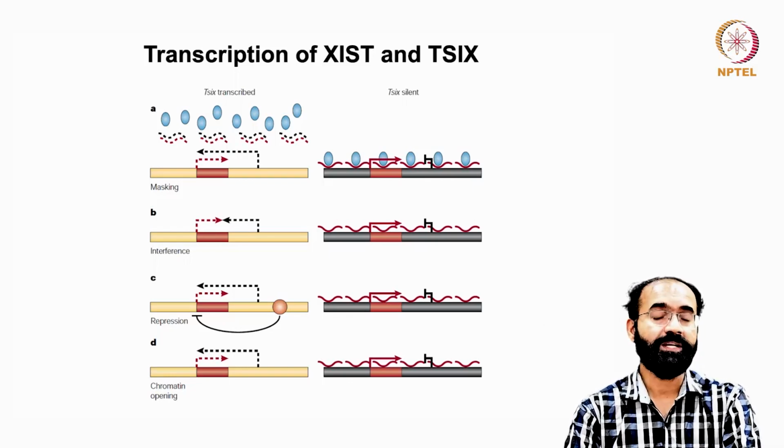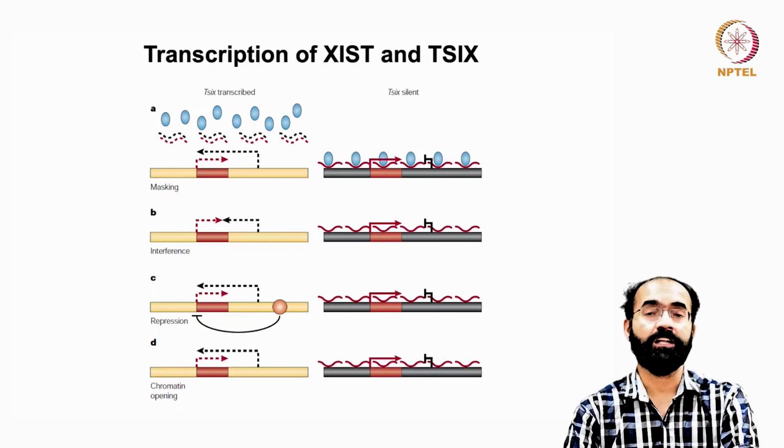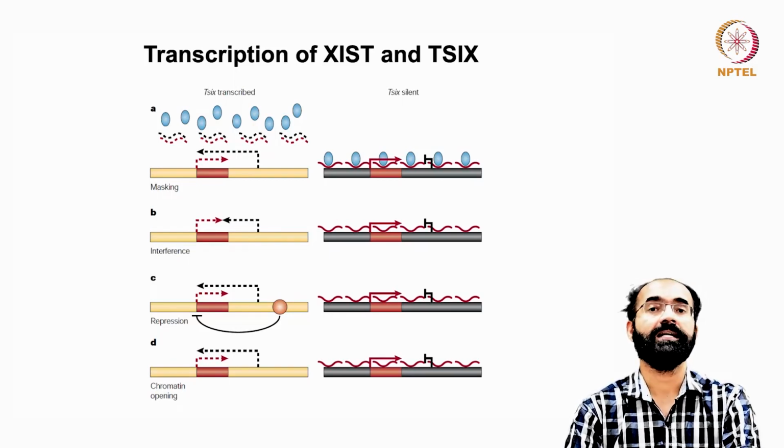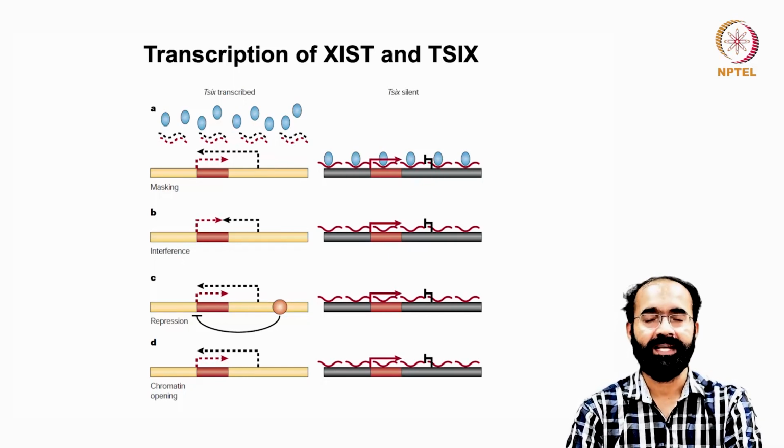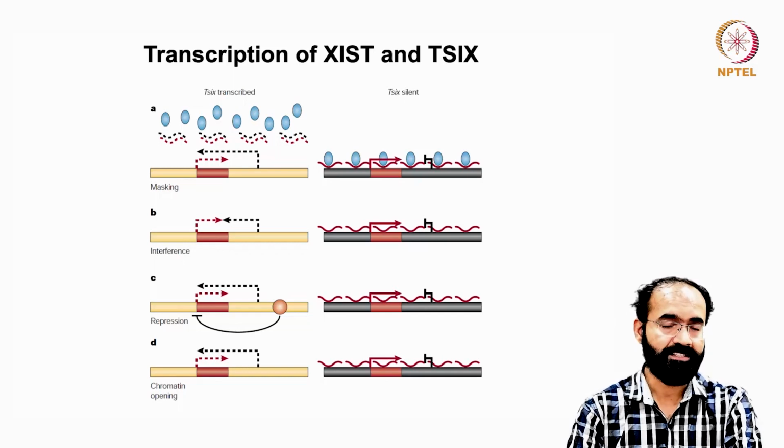So it has to be decided during the early developmental stages itself, the randomness. But it can happen sometimes that a given paternal copy or maternal copy expressing cell does not survive for whatsoever reason. Then what will happen? That space will be occupied by the other cell.